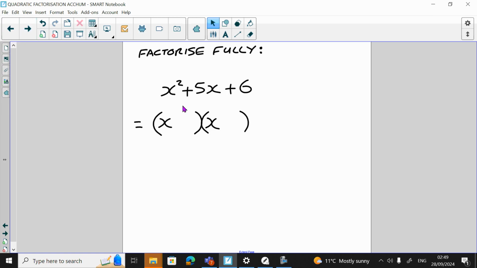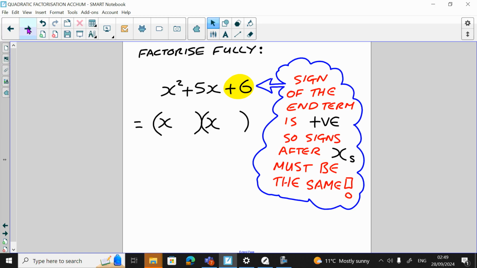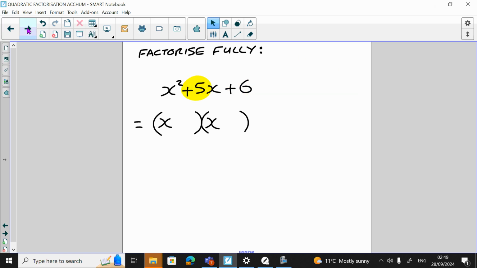Look at the end term. Okay, it's positive 6. So that means the signs to the right of the x's must be the same. They must be the same as the middle term. That is positive here.